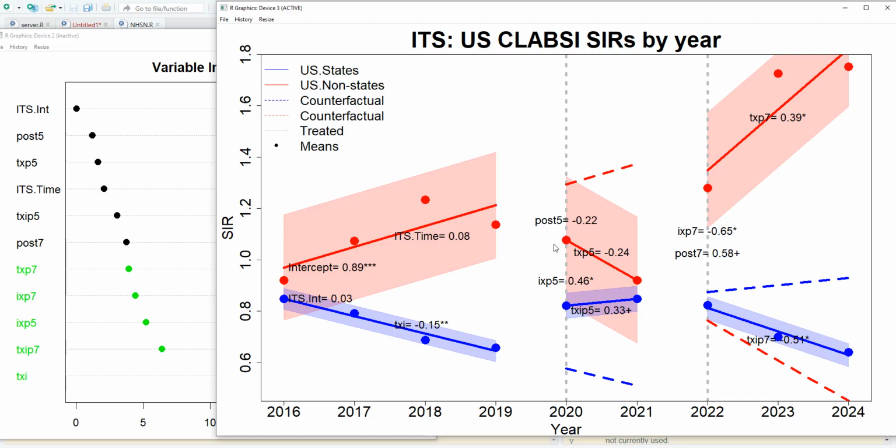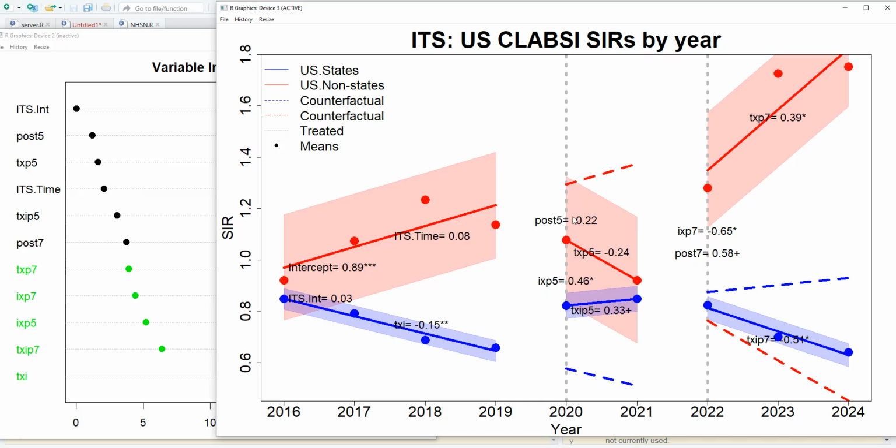And so that post 5 value represents the difference between where that solid red line touches that gray vertical dashed line, and where that dashed red line touches that vertical line.